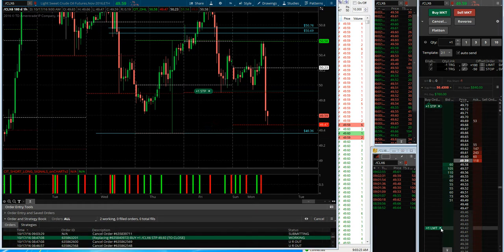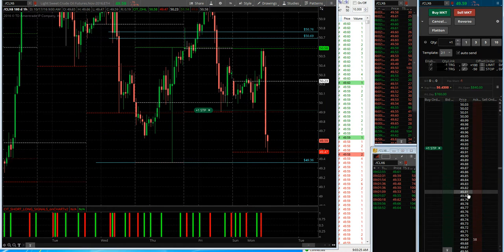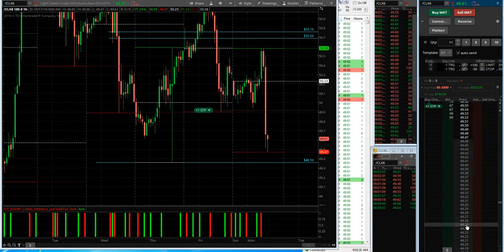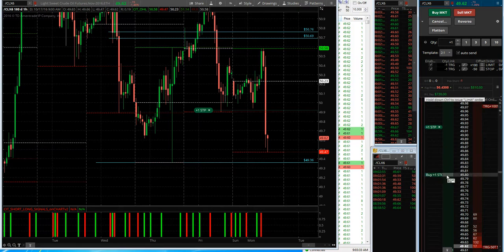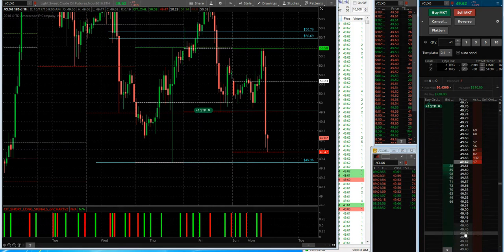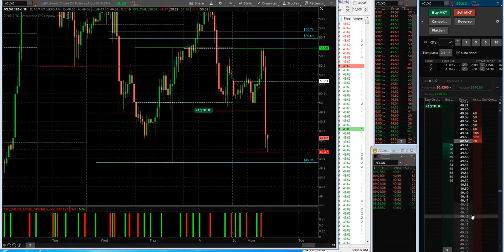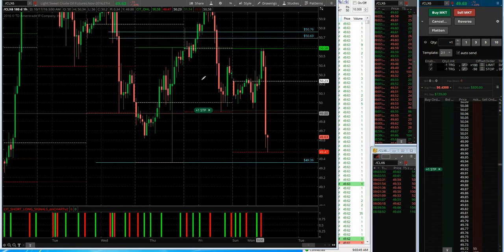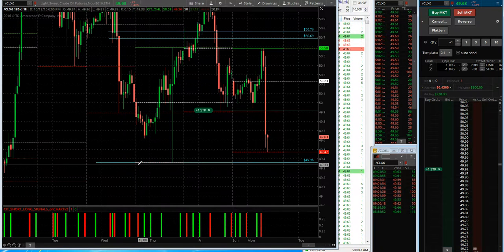Unfortunately, I have to go to work, and I don't want the other order to get filled. I didn't put this as an OCO order. So I'll just leave it like that, and if I get taken out right here at 92, then so be it. At least I locked in 50 ticks, sorry, 51.